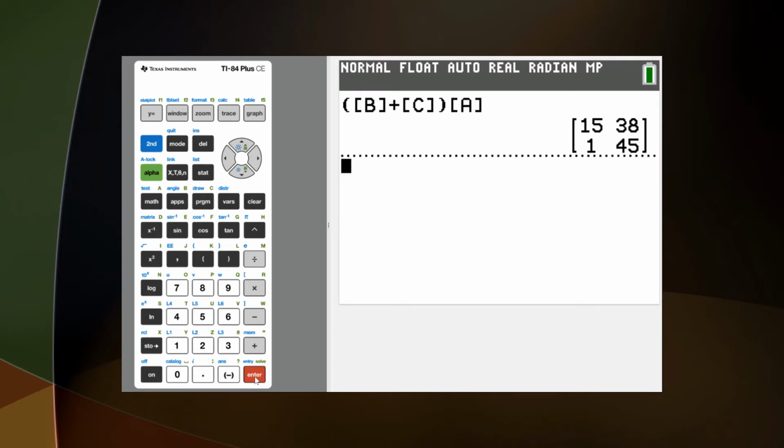Okay, so that gives us a matrix of 15, 38, 1, and 45.